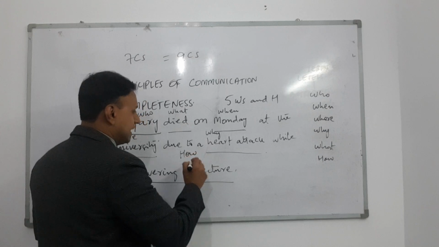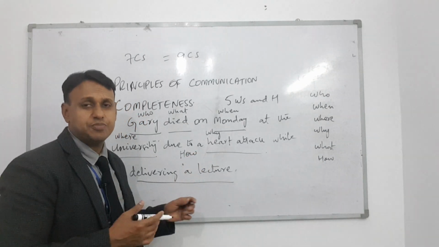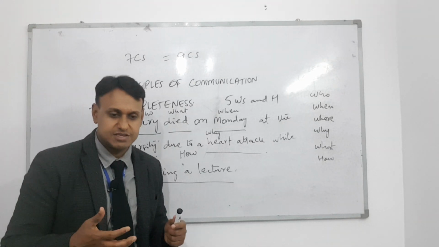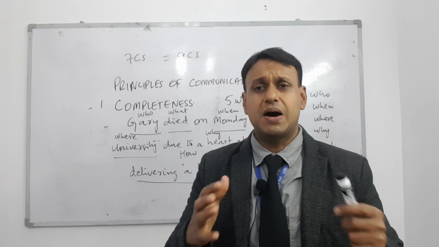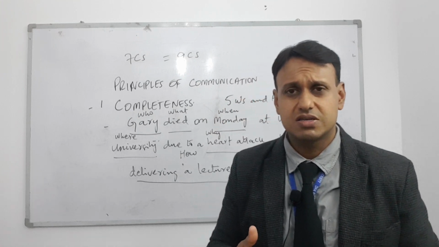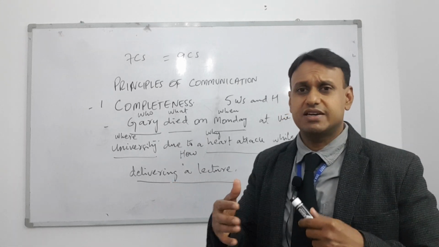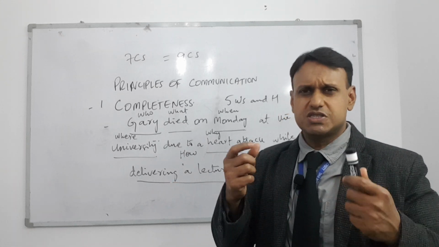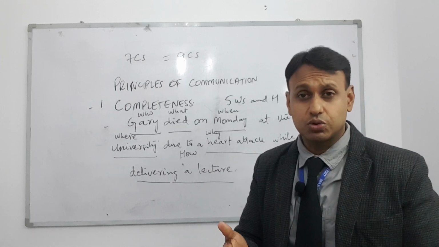While delivering a lecture. He could have died while driving a car or something, but this is a prime example of sending a complete message, because in America every year about $4.5 billion are lost just because people fail to understand the emails, and the emails that are being exchanged might be missing one of the key pieces of information, like when to send the quote and what's the price of the quotation.